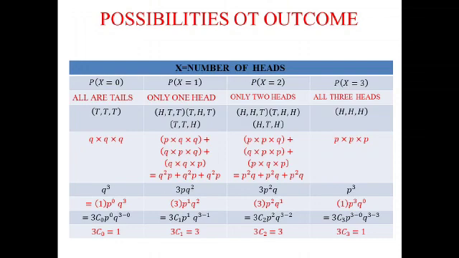So the sample point is HHH. The probability of getting a head in the first flip is P, the probability of getting a success in the second flip is P, and the probability of getting a success in the third flip of the coin is again P. That is equal to P power 3, or 1 into Q power 0 into P power 3, or you can rewrite this as 3C3 P power 3 and Q power 3 minus 3.